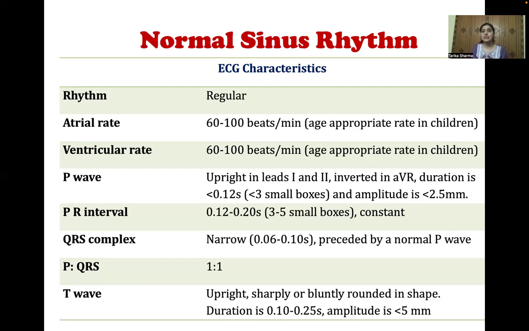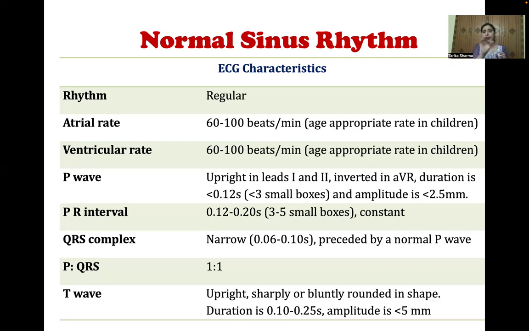The P to QRS ratio has to be 1:1, and the T wave, like P waves, they are also upright, they are also positive deflections, and they can be sharp or they can be bluntly round in shape. Duration is 0.10 to 0.25 seconds, and amplitude is less than 5 millimeters. So these things you have to remember if you would like to identify the normal sinus rhythm.